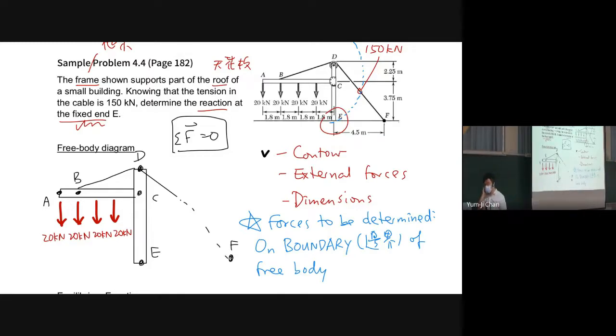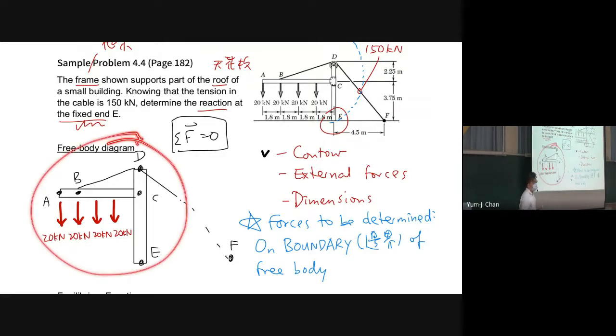So we have these 4 forces, and what else do we need? If we only have these 4 forces, we do not have equilibrium, right? We do not have equilibrium because the summation of F does not equal 0. So we have other forces.